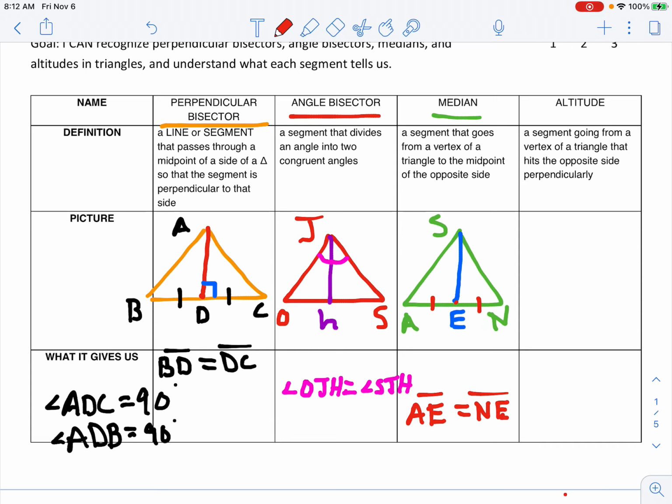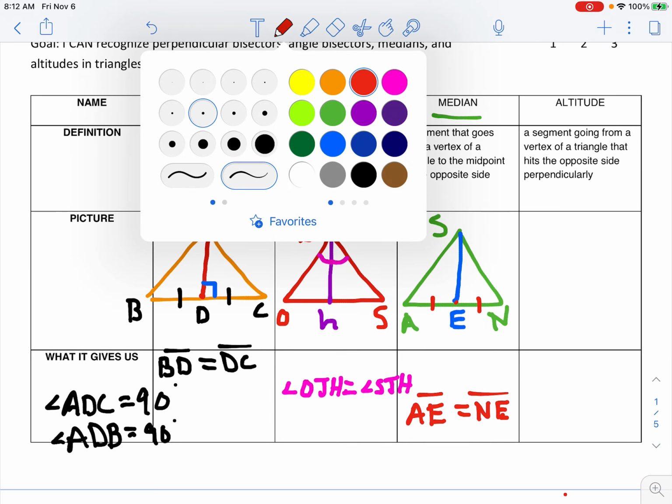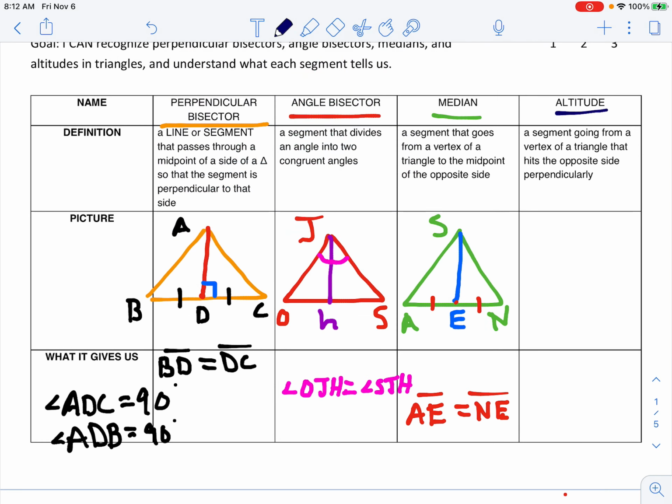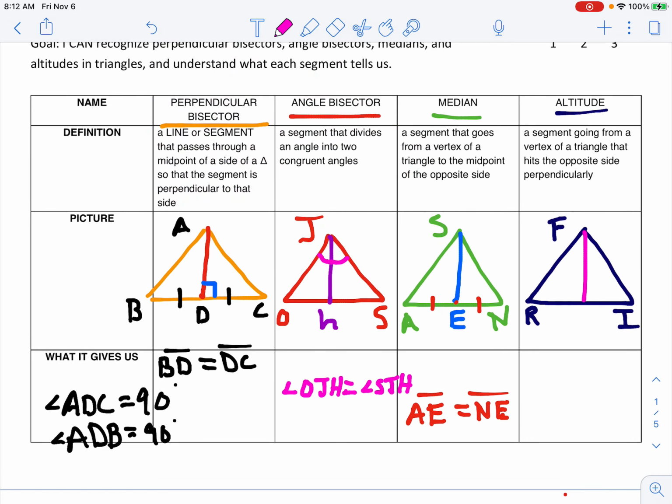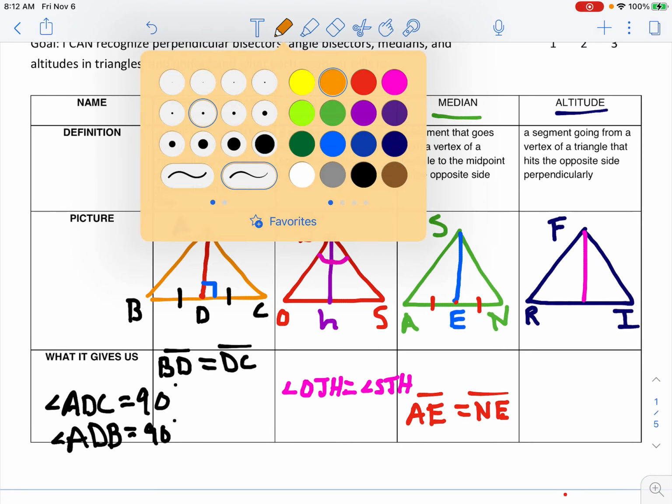All right, so let's look at our last one. Our last one is an altitude. An altitude drops down and it forms a 90-degree angle. So let's use the letters F, R, I. Let's drop down an altitude in our picture. An altitude does one thing to the picture.